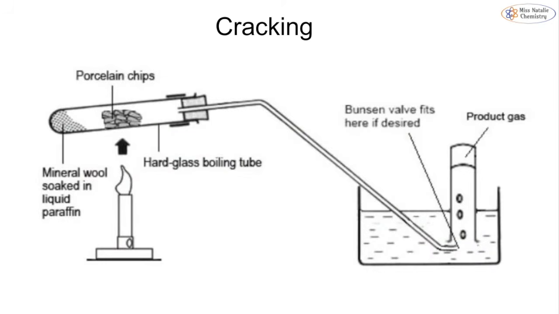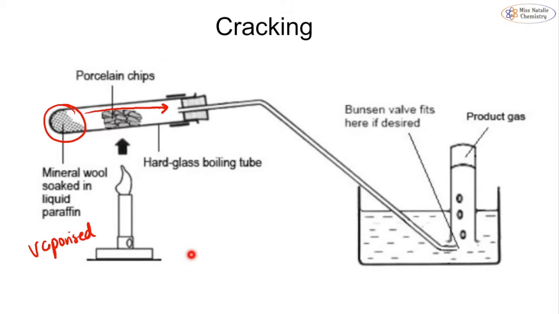So we get something looking like this. This would be a laboratory setup of cracking. We've got our mineral wool being held in place here. It is then vaporized to form a gas, and then it passes over the catalyst.